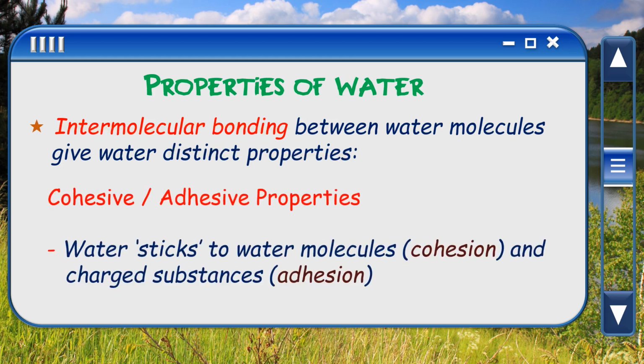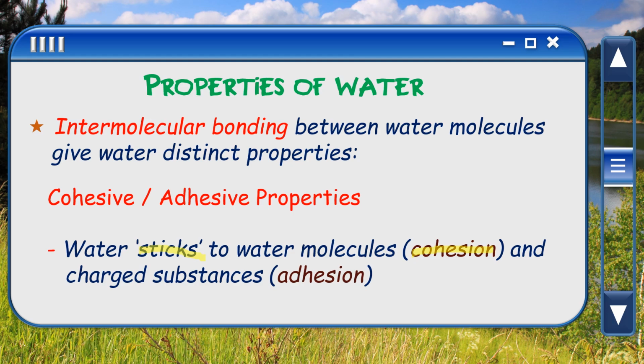Another property is the cohesive and adhesive properties. Water sticks to water molecules and charged substances. Here we are saying that water molecules can stick to other water molecules. And when water molecules stick to other water molecules, that type of force we call cohesion.